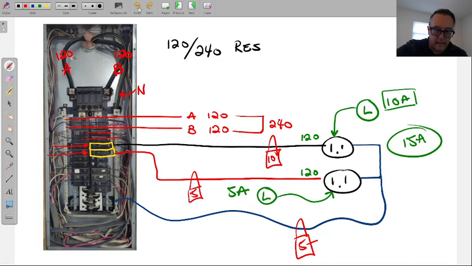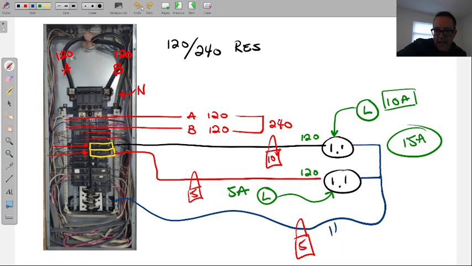Why doesn't that second breaker have 10 amps on it as well? Because whatever we just plugged in is only drawing 5 amps. These are hypothetical numbers. Now we'll get into another question that has come up, which is, why does the neutral have to be number 12 in this circuit if it's only dealing with 5 amps?